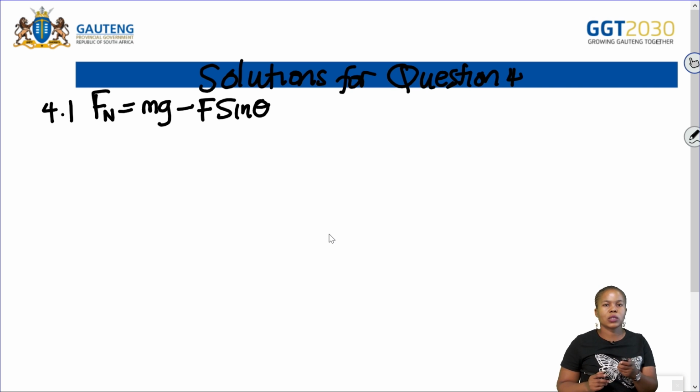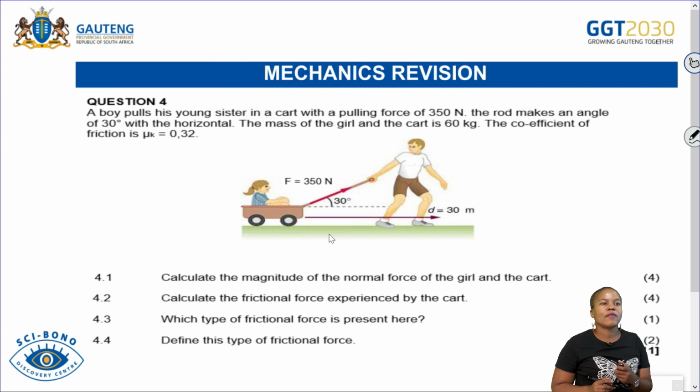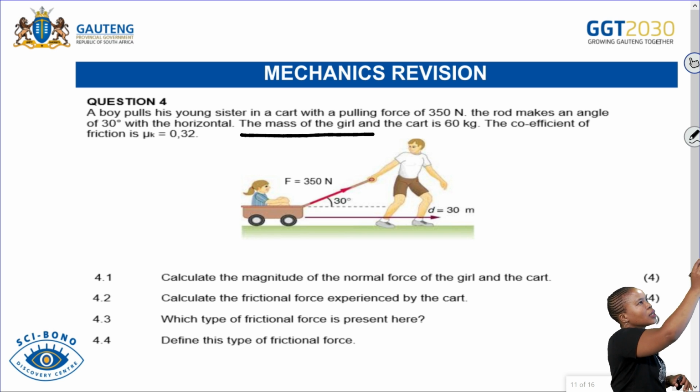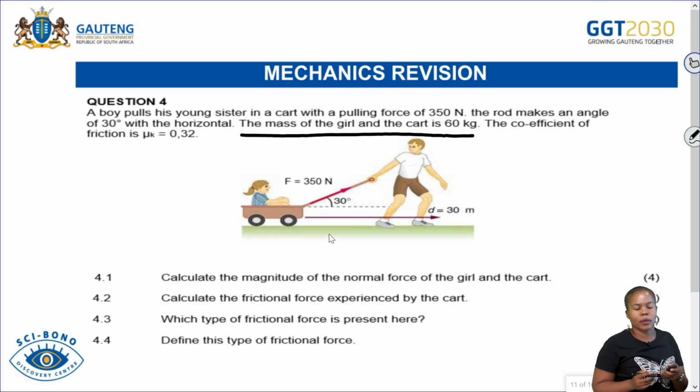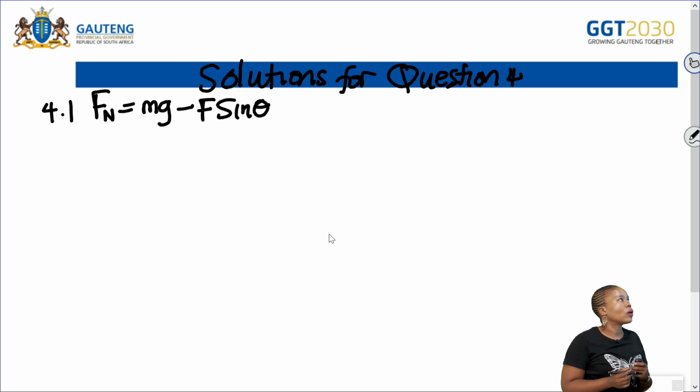Okay, so let's look at the values that we have. We have a mass of the girl and the cart, which is given as 60 kg.